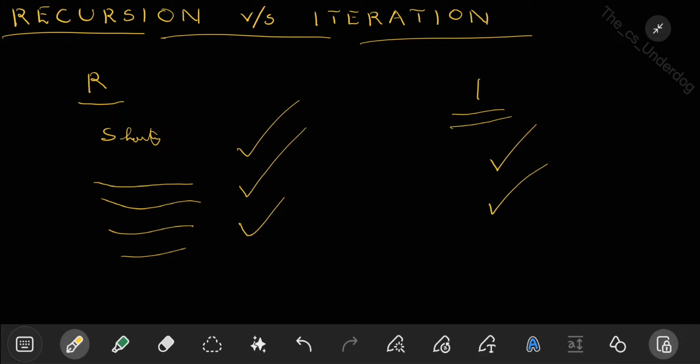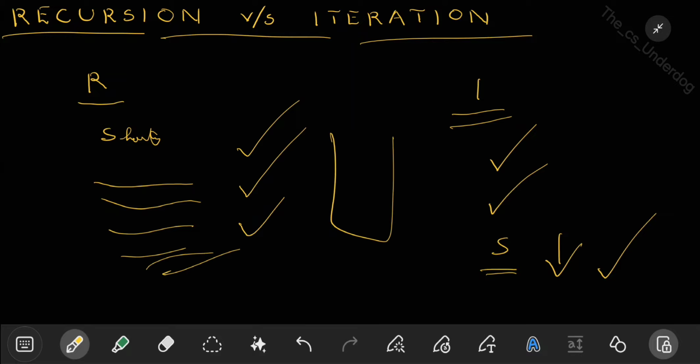There is no recursive stack used, and in some of the algorithms, your space complexity would come down if you are using iteration. This is because when you are using iteration, you may be able to make up with that algorithm without any extra space. But the same thing when you use recursion, it will take a recursive stack and it will add up to space complexity.